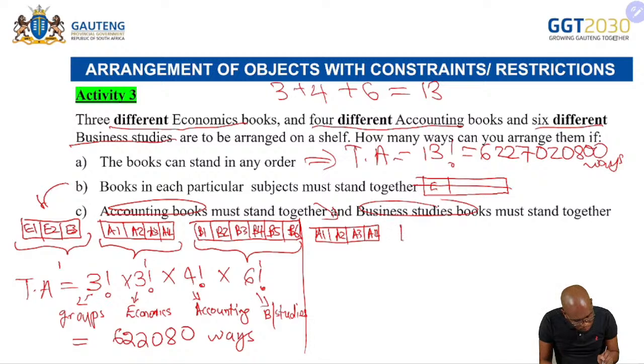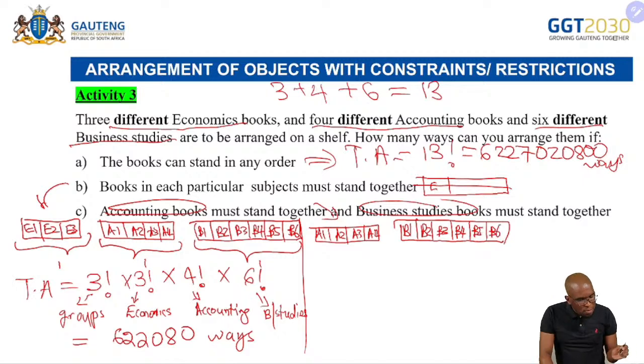And then we group accounting as well as business studies. We have our business studies books, there are 6: business 1, 2, 3, 4, 5, 6. Remember, we still have the economics books, E1, E2, and E3.